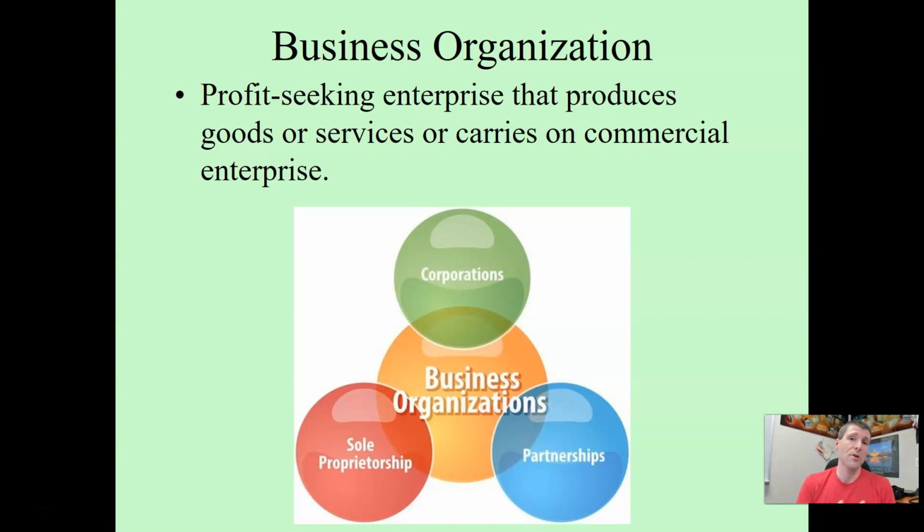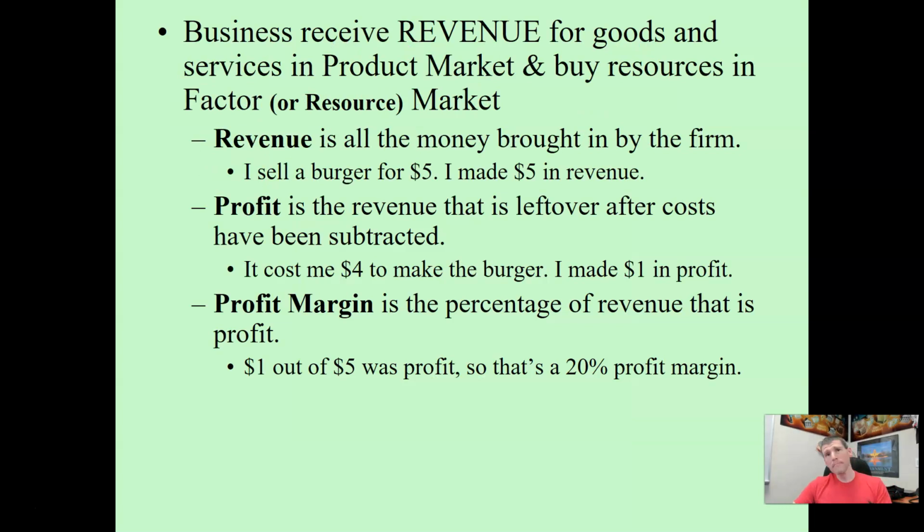The reason the person undertook the risk of creating the business and invested their money in creating the business and committed their time to it is because they want to get something out of it, and that something would be profit. All right, so a business receives revenue for the things that it sells. Now, the difference between revenue and profit is that revenue is the total amount of money that's coming in.